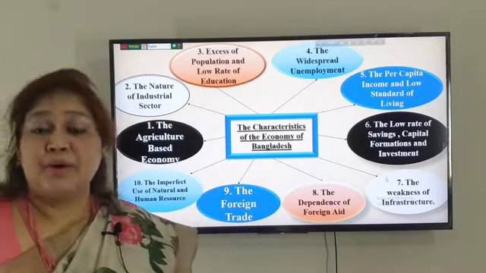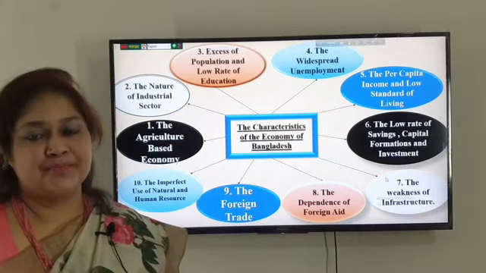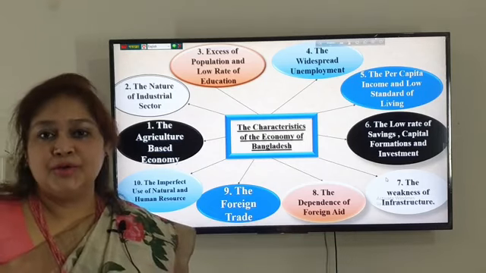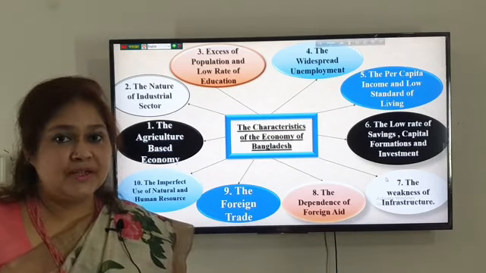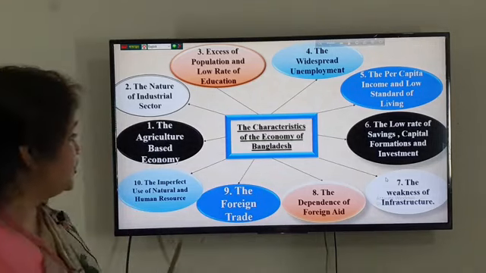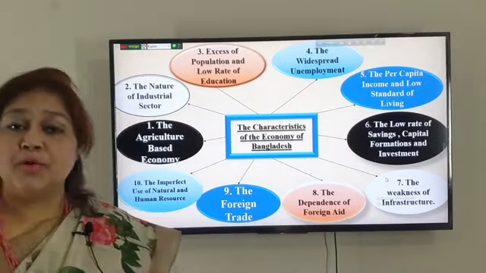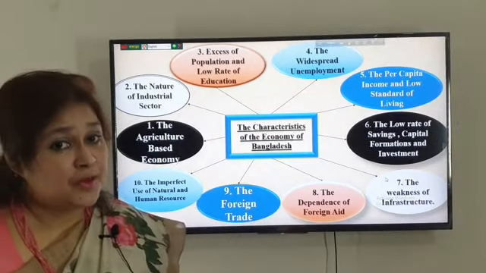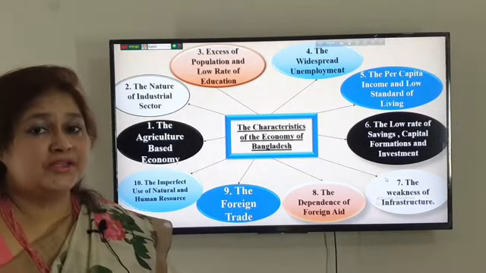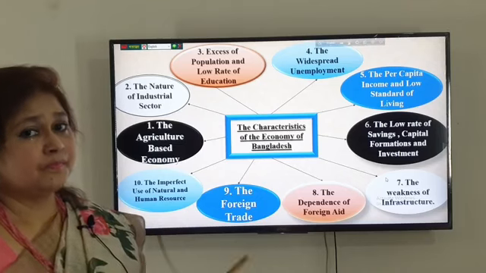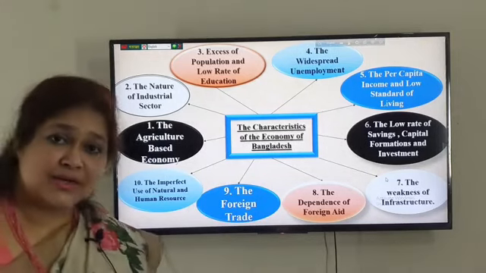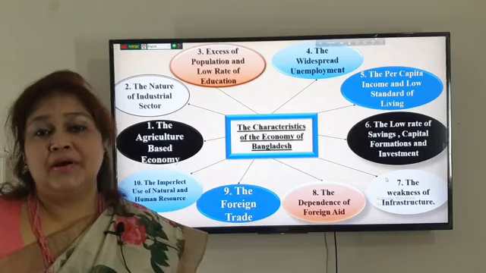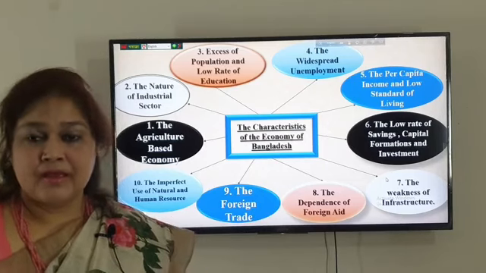And the population growth rates in 1991 and 2001 were comparatively 2.17% and 1.48%. The density of population and the growth rate of population both are high in our country if we compare with our neighboring countries.